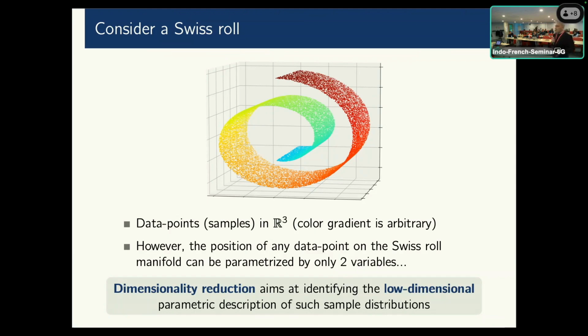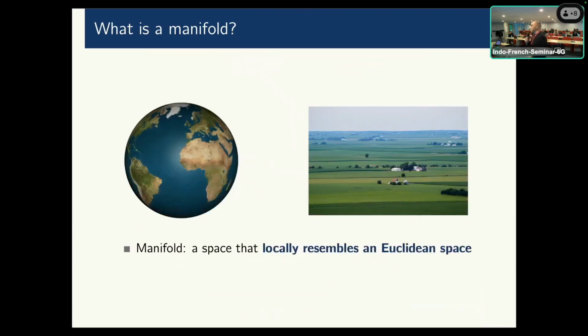Okay. So here you can see that all my samples are colored. The coloring is arbitrary here, and is just there to show you where these samples will go in the reduced dimension space. In order to make this dimensionality reduction work, we use the concept of manifold.